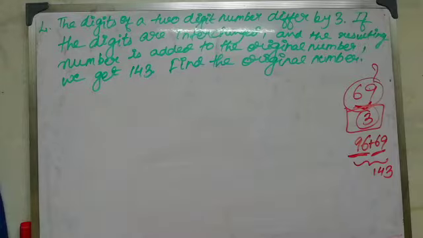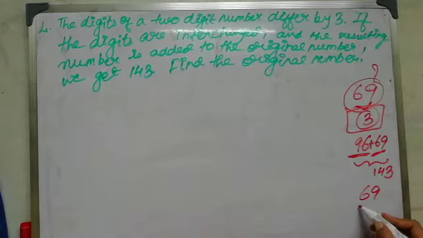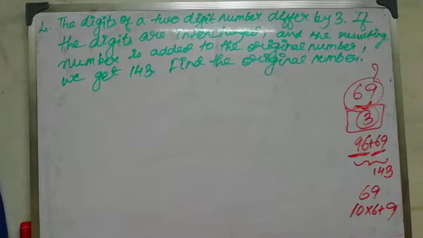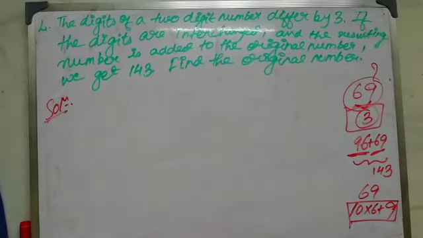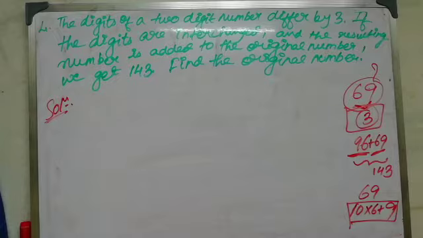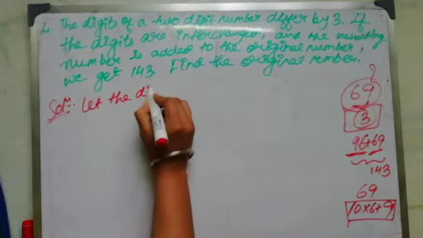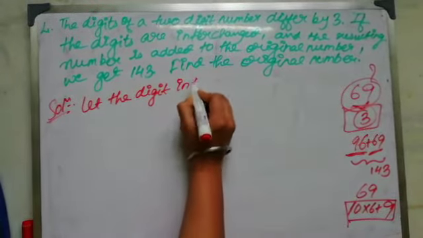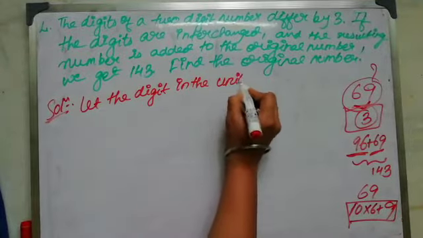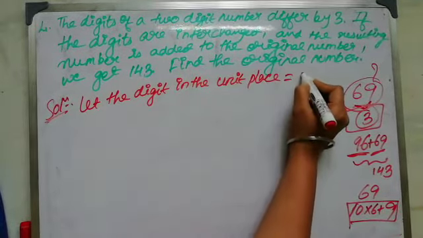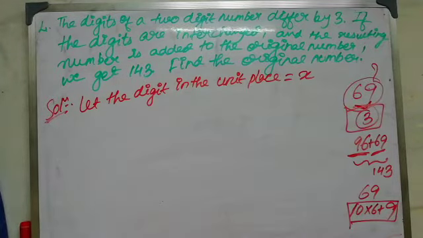Just now I told you that 69 can be written as 10 multiplied by 6 plus 9. Similarly, while solving this, I'll use this concept. Let's see how. Let the digit in the unit place be x, y, z, a, b, anything, fine.